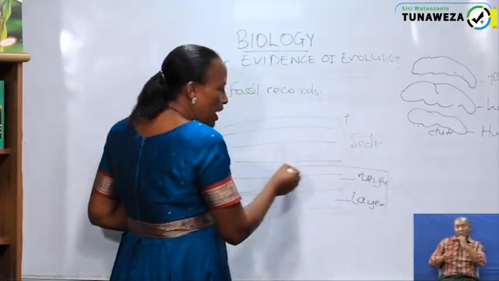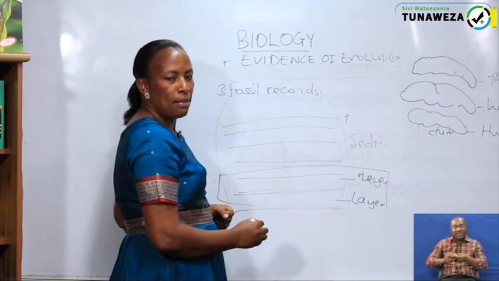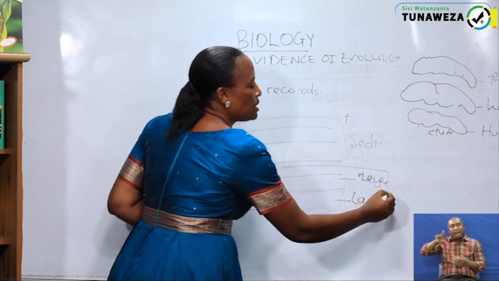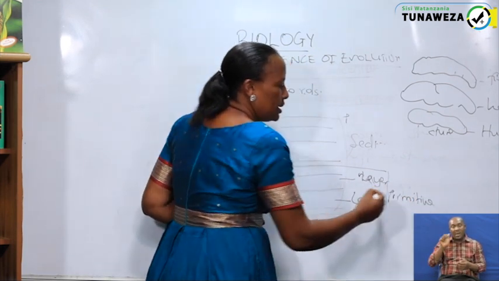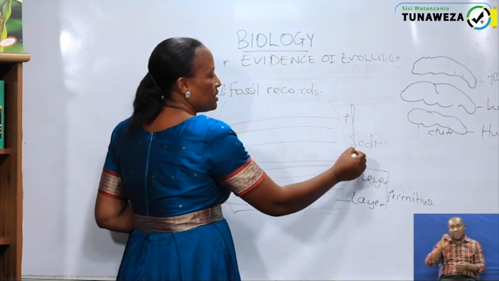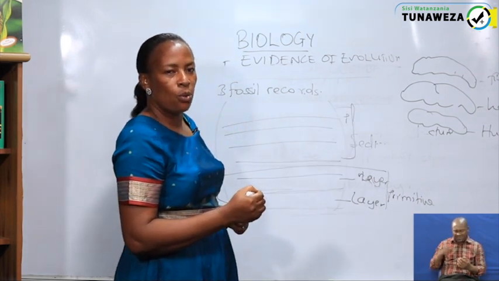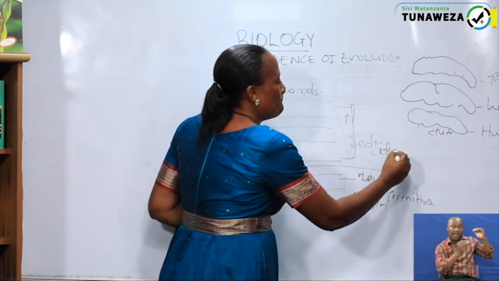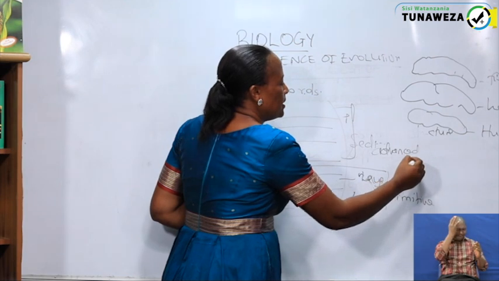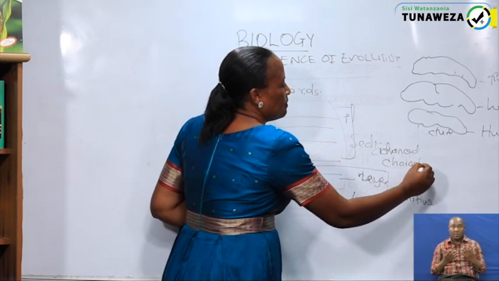So the lower layers comprise remains of organisms with primitive characteristics, while the upper strata comprise remains of organisms with advanced characteristics, advanced features.